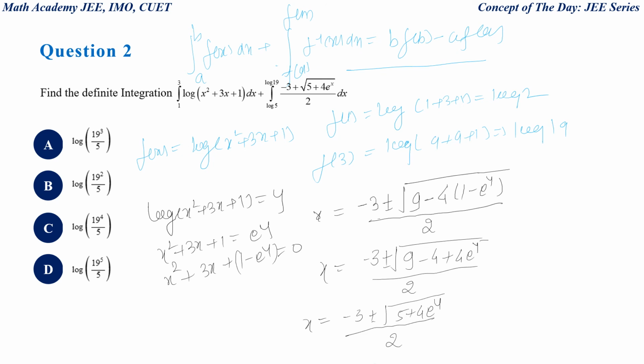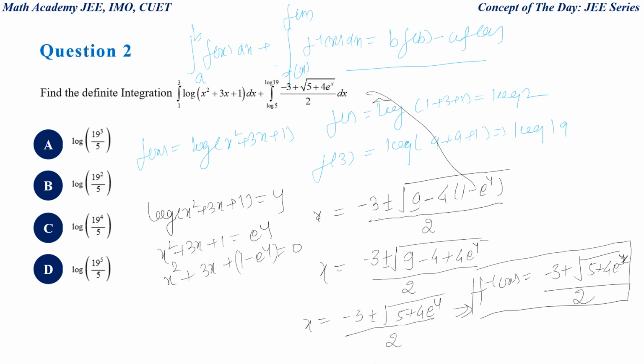Then just ignore the negative part of this function, because this does not come in the domain of this integration. That will be f inverse of x is equal to minus 3 plus under root 5 plus 4 e to the power x, divided by 2. Okay, this is our inverse function.